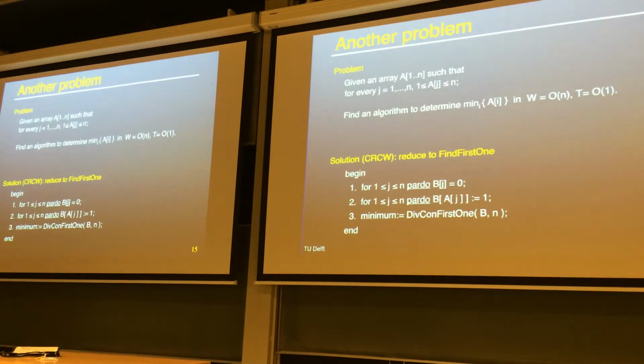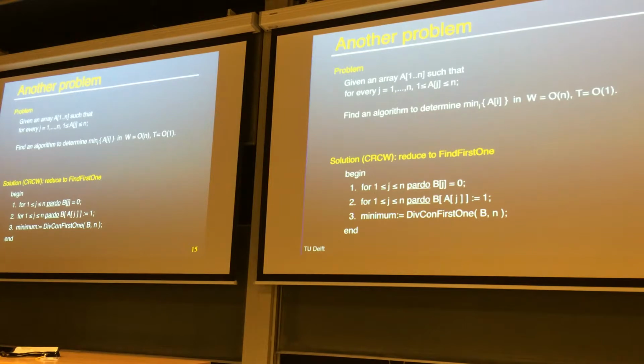So here you see a very useful technique. Once you have an algorithm for a problem, and you have another problem, try to find out how you can reduce your new problem to your old problem in order to minimize your amount of work. This is a reduction of a new problem, finding the minimum in an array, to a problem you already know.